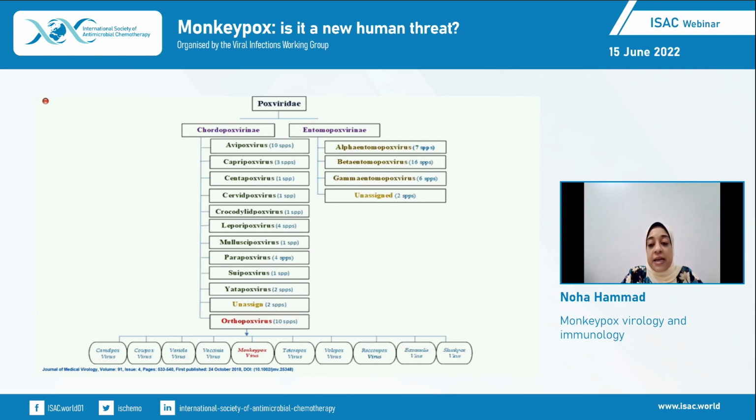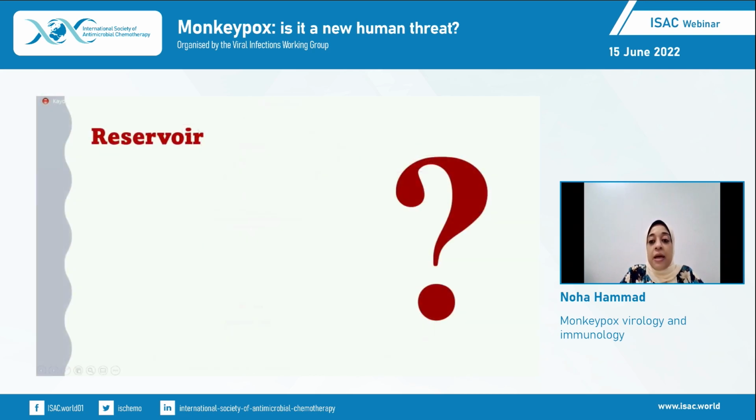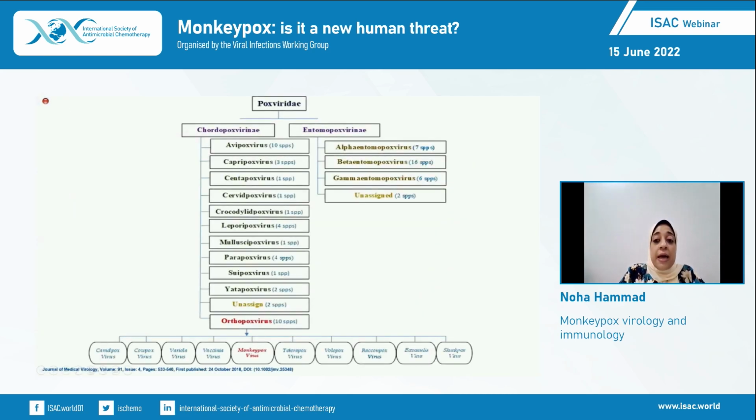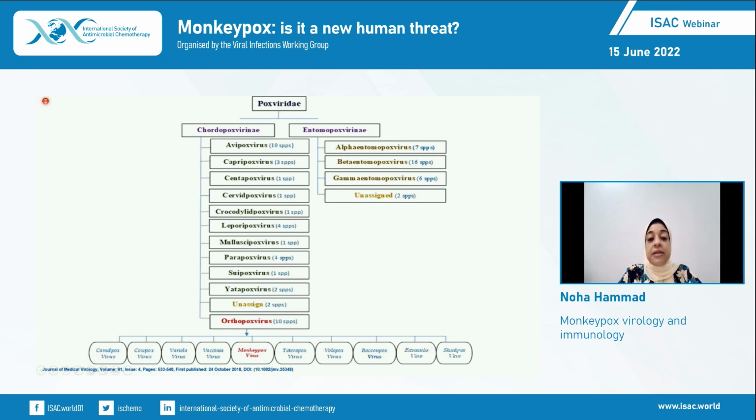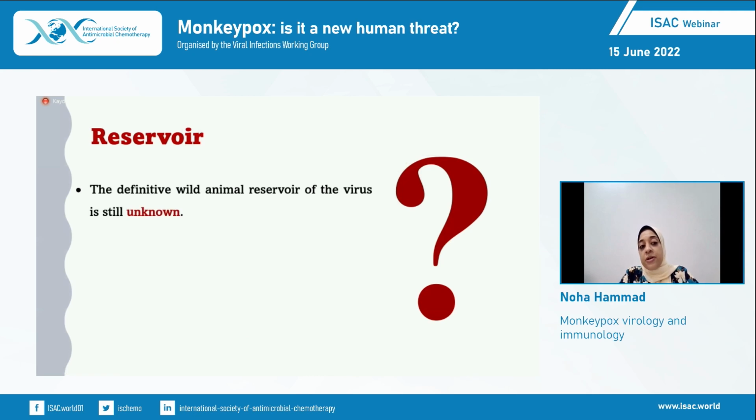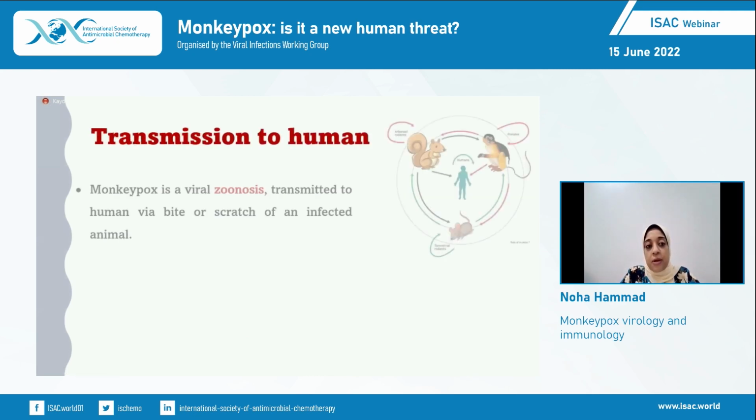The taxonomy of poxviruses, as demonstrated in front of you, reveals that monkeypox virus is not a direct descendant or a direct ancestor of variola virus, which is the causative agent of smallpox. The definitive reservoir of this virus is still unknown.